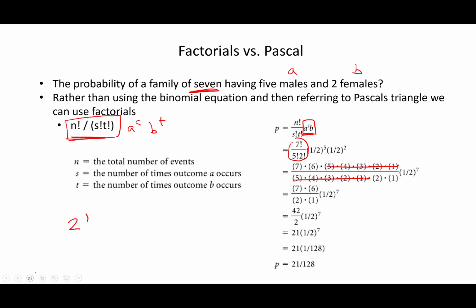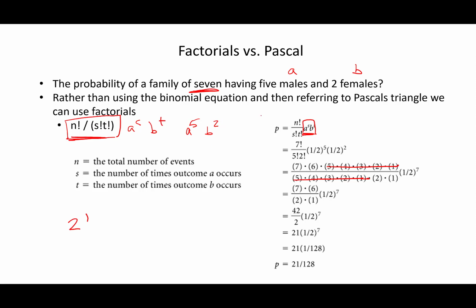So if you come back here, you can see we're looking for A to the S, B to the T. What was S again? Well, that was 5. So A to the 5th and B to the T was 2. So we're looking for A to the 5th, B to the 2.